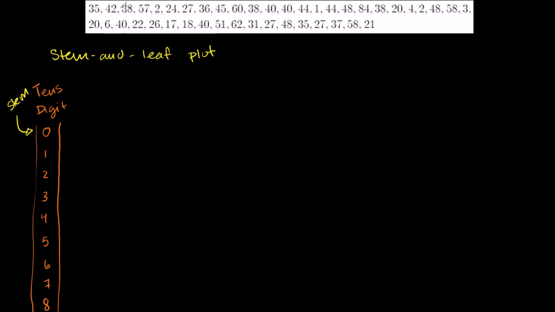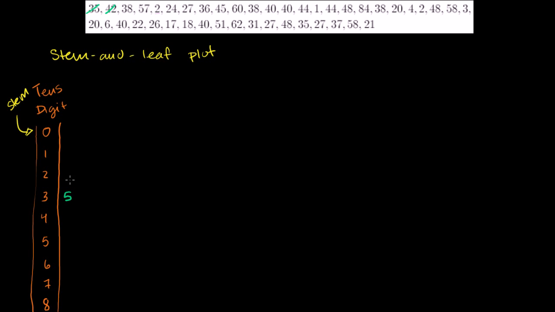So what I'm going to do is rewrite all of these numbers here, but using the stem and leaf plot. I'll show you by example. Let's say I want to write 35. So 35, let me cross it out. It has a tens digit of 3. I'll put a 5 right here. That tells me that 35 is one of my numbers. Then I have 42.